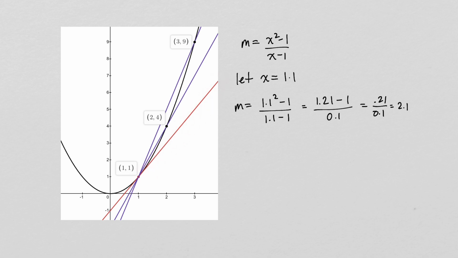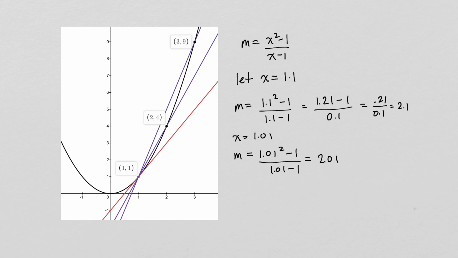So one final example here. Let's suppose I let x equal 1.01. The slope of the secant line would be 1.01 squared minus 1 divided by 1.01 minus 1. And if you do the math on this, you get 2.01.